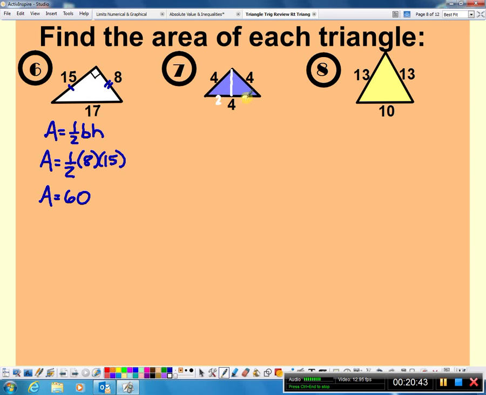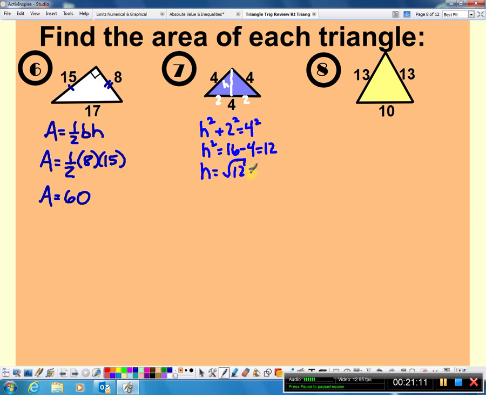Or I can simply use the Pythagorean theorem and say h squared plus 2 squared equals 4 squared. So h squared equals 16 minus 4, which is 12. So h equals the square root of 12, which of course, 4 times 3, would be 2 square root 3. I can do it that way as well.